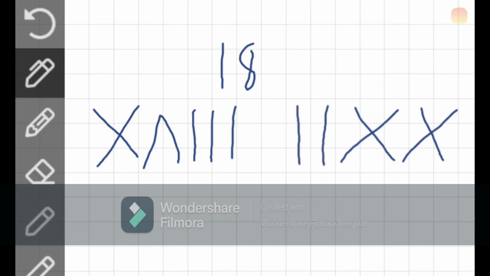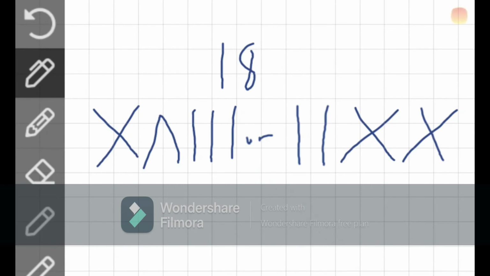So you may write 18 as 1 symbol for 10, 1 symbol for 5, and 3 symbols for 1, or you may use 2 symbols for 1 and 2 symbols for 10. But the reductive method is only rarely used by the Etruscans, so to avoid confusion, we may only use the additive method.